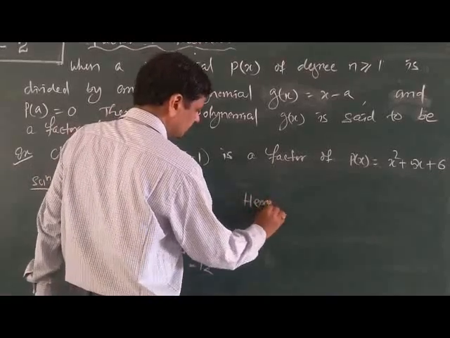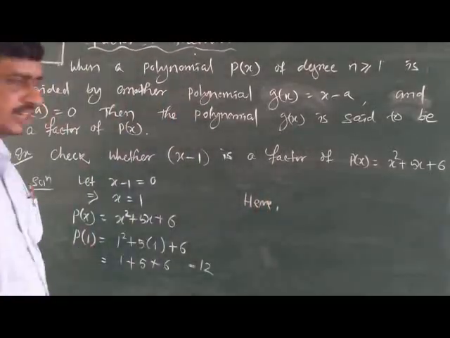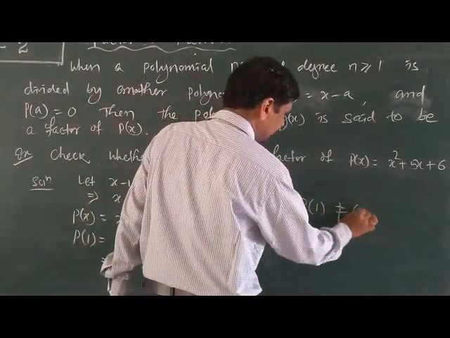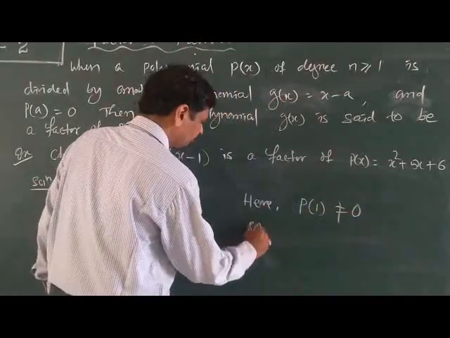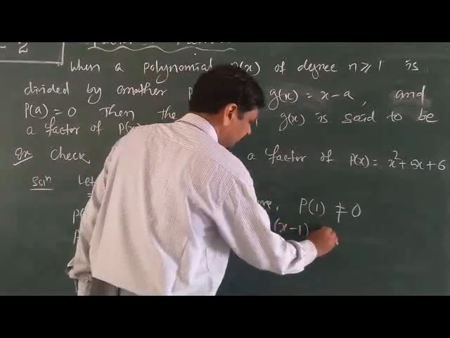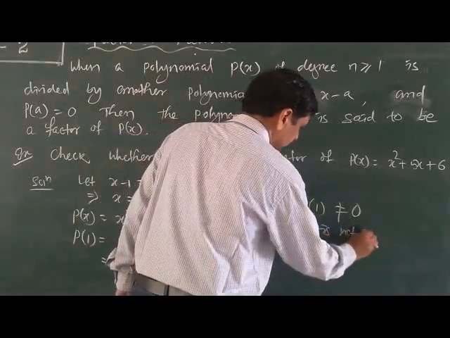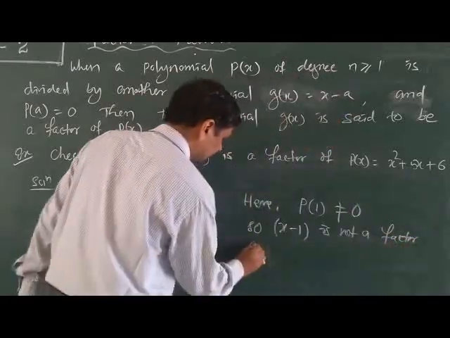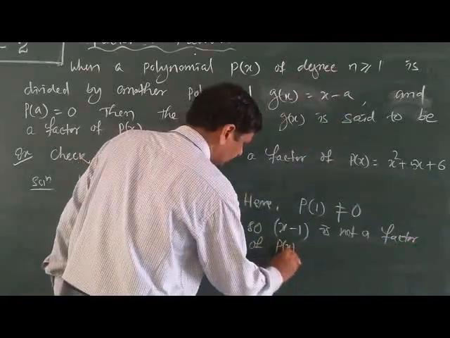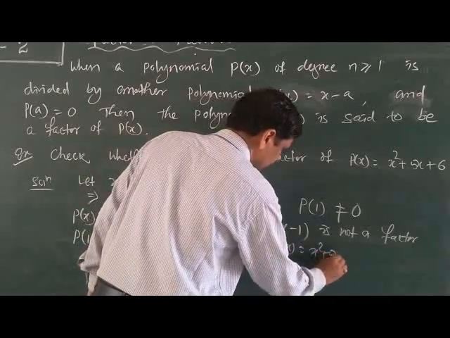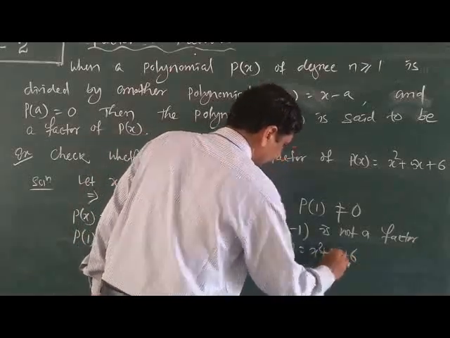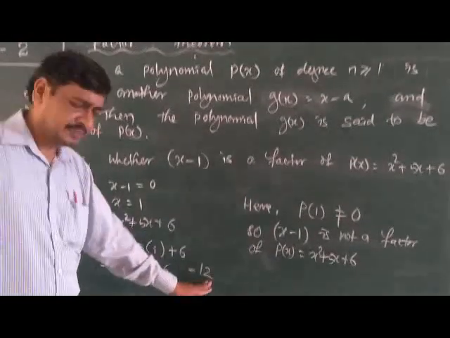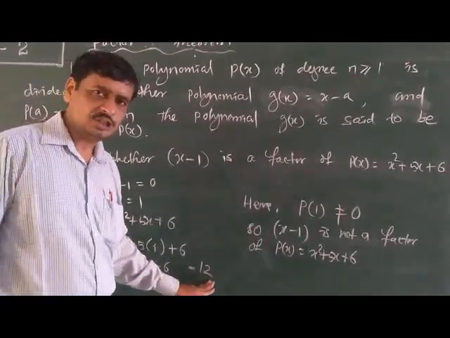Here P(1) is not equal to 0. The remainder that is obtained is 12, which is a non-zero quantity.